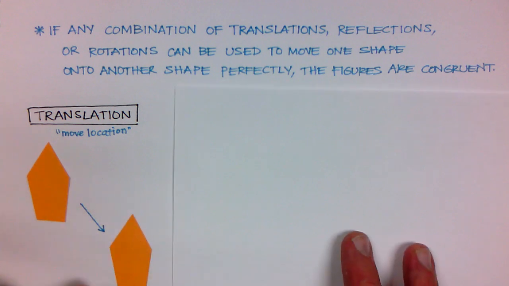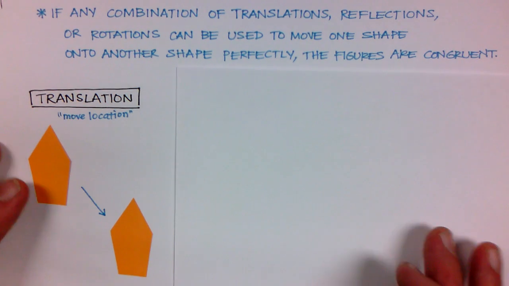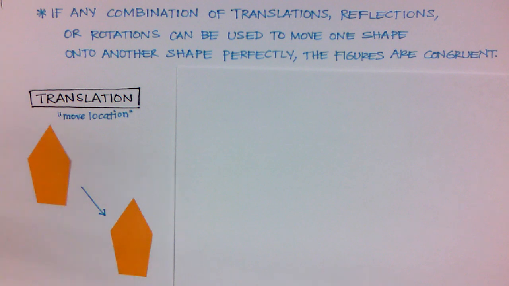And it's going to look exactly the same going up straight. It just has really changed from being up high to now down low. And that's all that a translation is. The shape looks exactly the same, it's just moved.